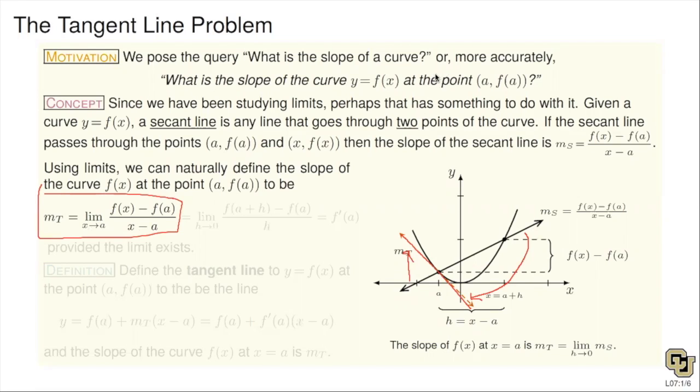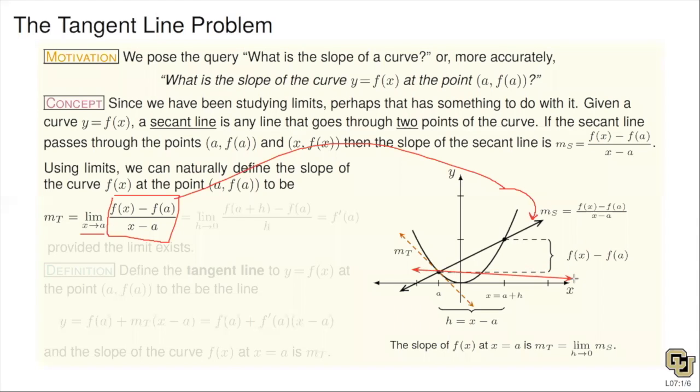Now I think it's really important that you connect the picture and this limit. Here, this expression is the slope of the secant line. And now we say let x go to a. That's us taking this secant line and making the second point, with this x coordinate right here, get closer and closer to a.